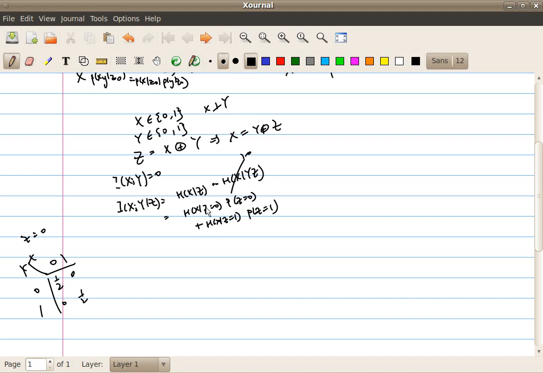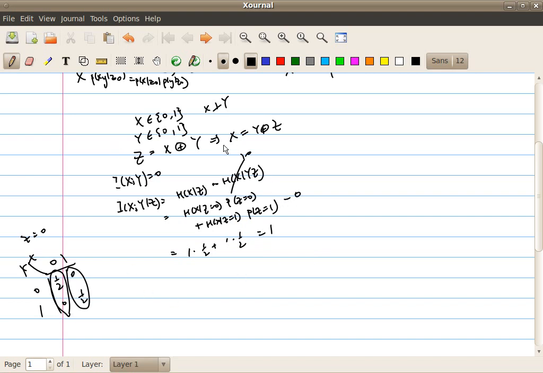So for H(X | Z=0), the probability X equals 0 and 1 is still 1/2. The probability X equals 0 is this column, and the probability is just 1/2, and the probability X equals 1 is this column, also 1/2. So H(X | Z=0) is h(1/2), that's 1 bit, and similarly this case is 1 bit also. Therefore I have 1 multiplied by 1/2 plus 1 multiplied by 1/2, minus 0 here. That's basically just 1 bit.